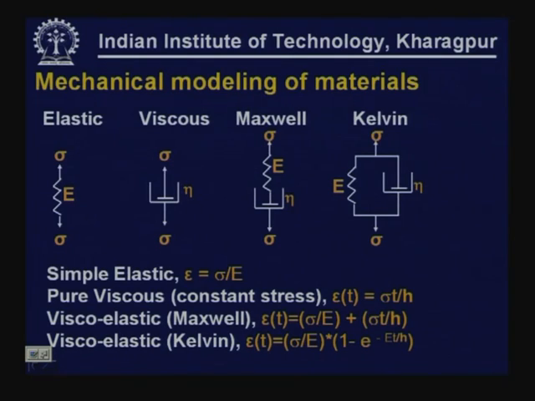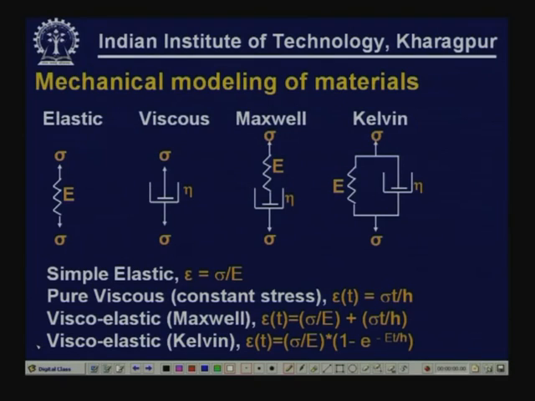For a pure viscous material subjected to constant stress given by this, this can be represented by a dashpot. So, the strain is a function of time and given by the stress applied as a function of time, and this is eta, this is the viscous coefficient.